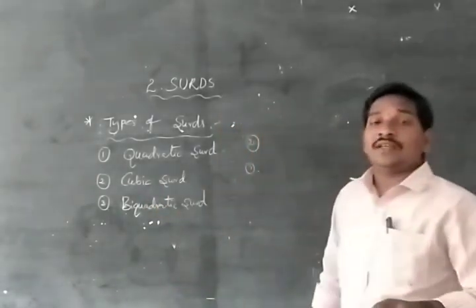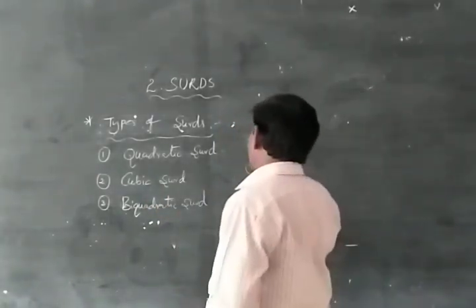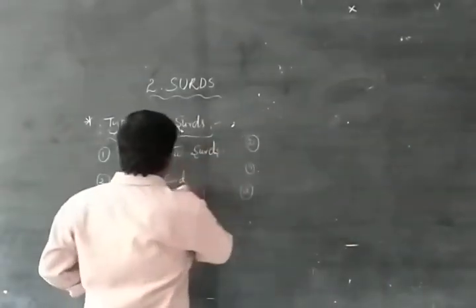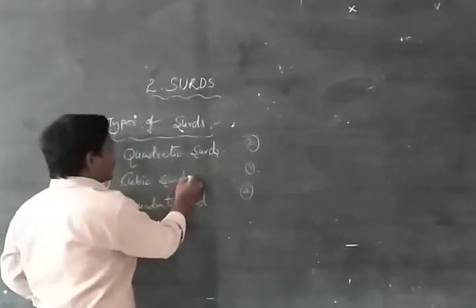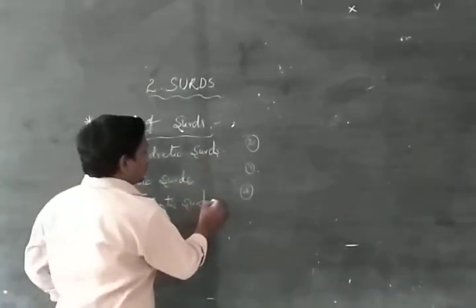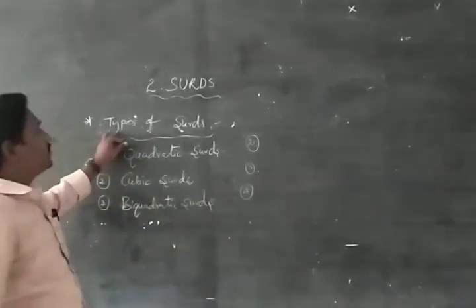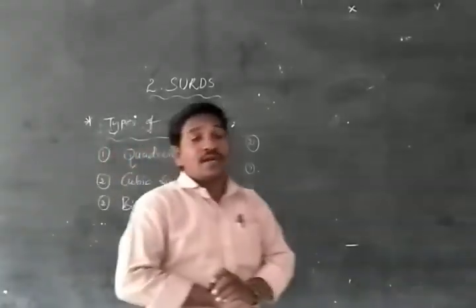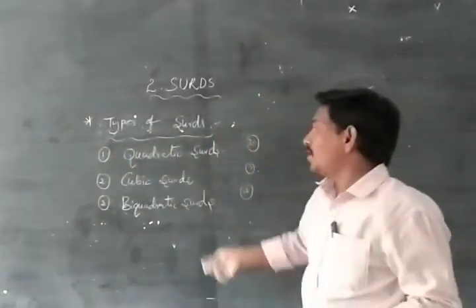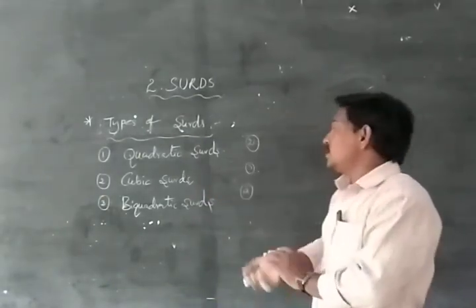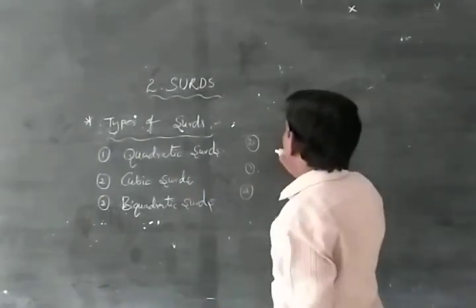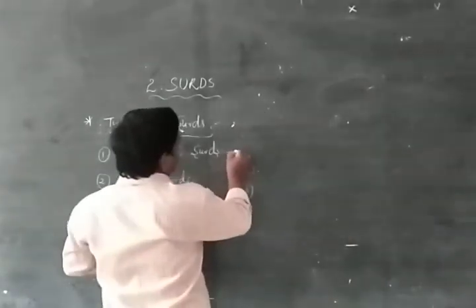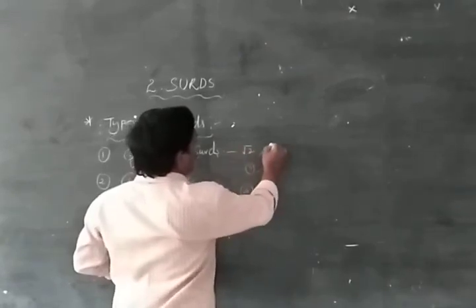If the order of the surd is 4, that is called a biquadratic surd. For example, what are the examples of quadratic surds? Root 2, root 3.